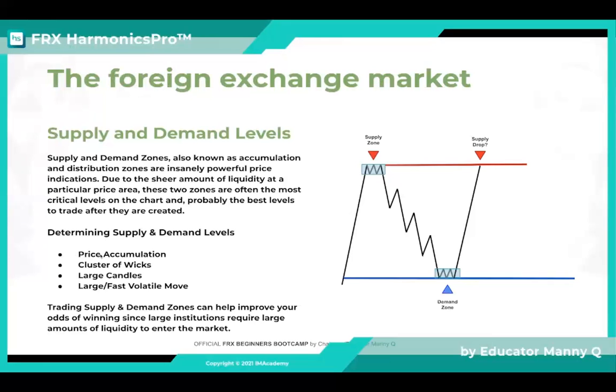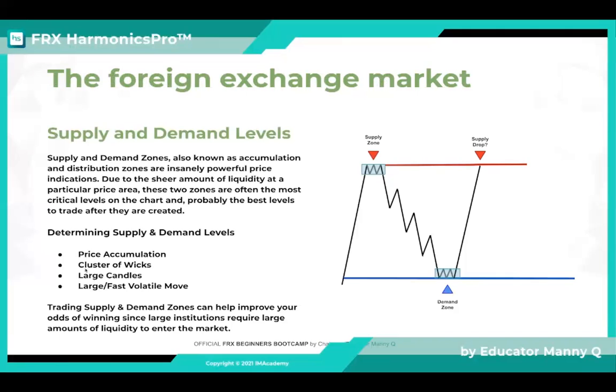Okay. Sometimes you might not notice a supply and a demand level right away, but as you get better at trading within the market, you'll be able to determine a supply and demand level based on the accumulation that is happening at a particular price zone, and we'll dive into that.